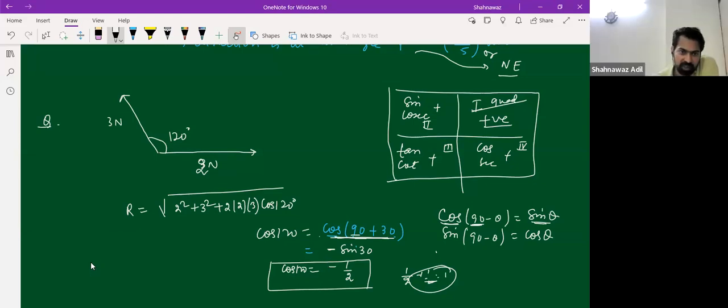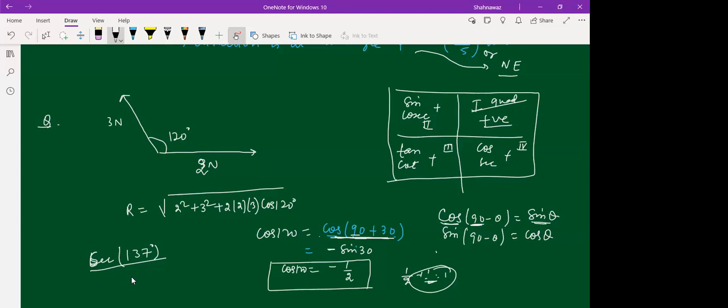Now you guys tell me what would be sec 137. This would be how much? Tell me, what is sec 137?